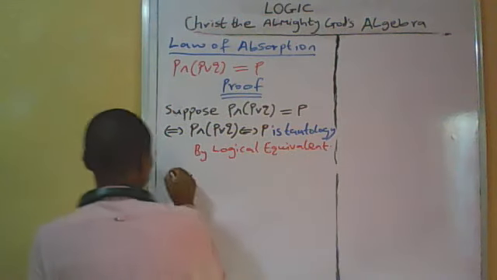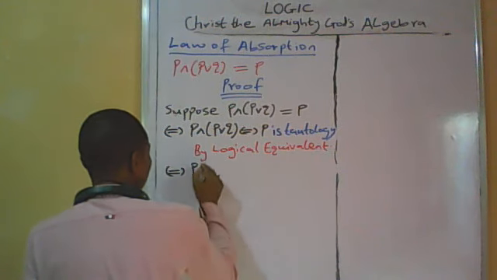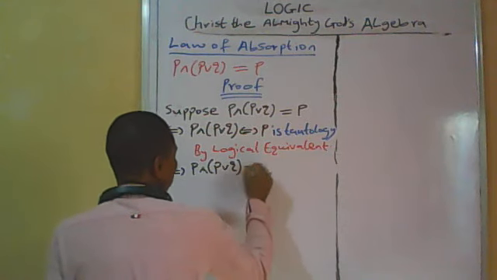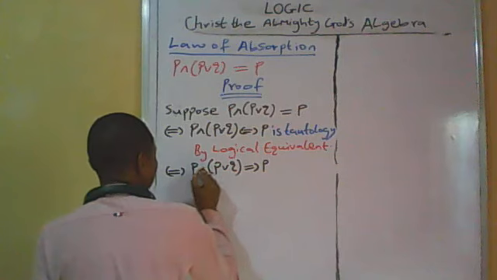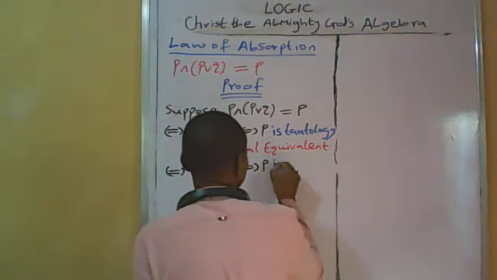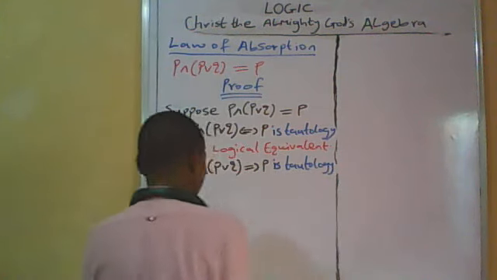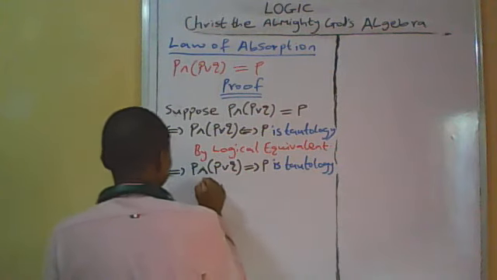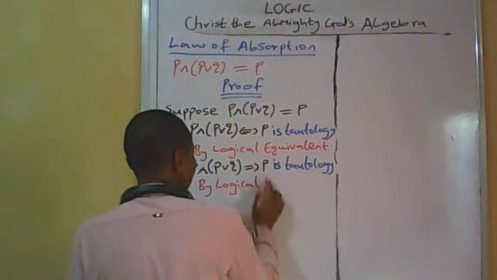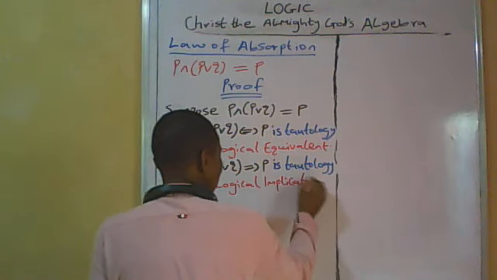P and bracket P or Q implies P is a tautology by logical implication.